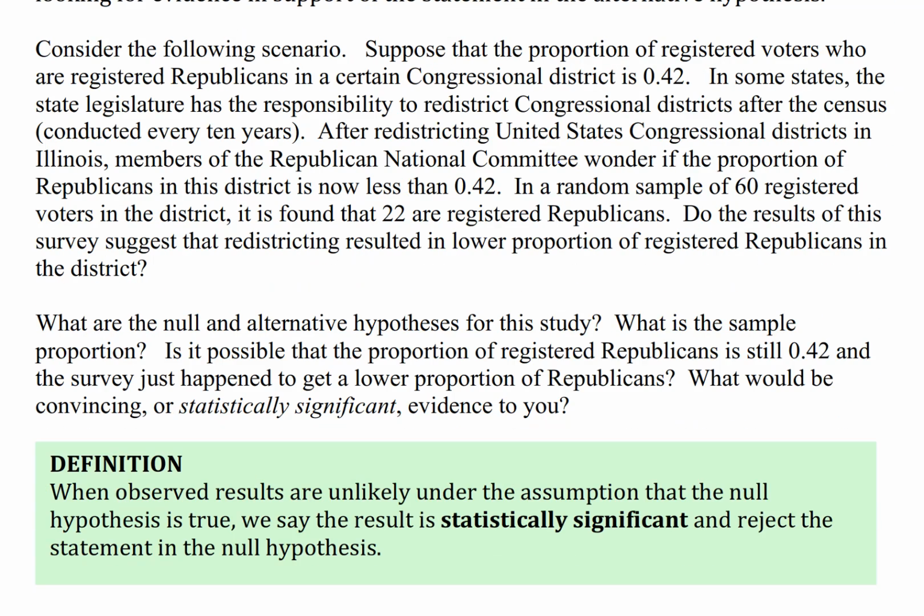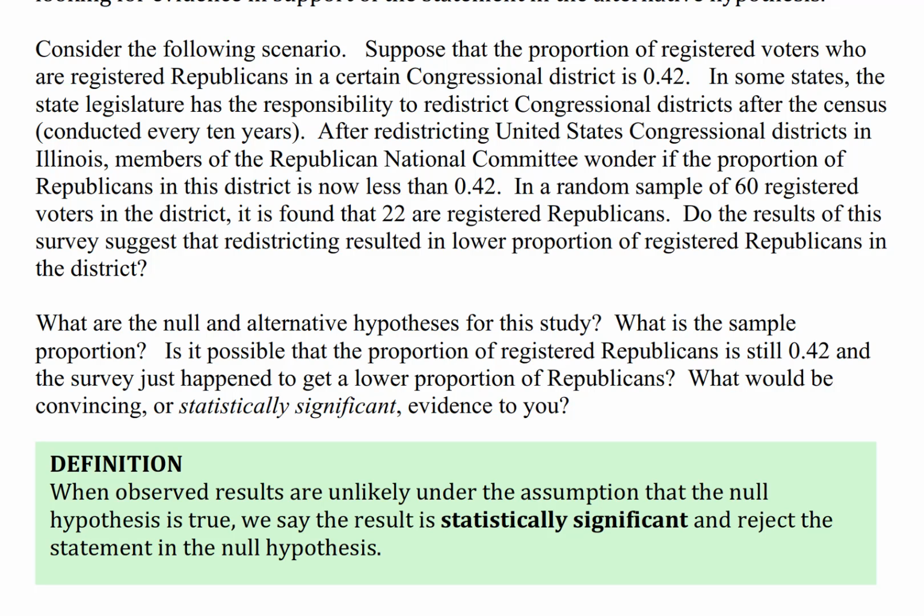To motivate this idea, I have a scenario for you. Suppose the proportion of registered voters who are registered Republicans in a certain congressional district is 0.42. In some states, the state legislature has the responsibility to redistrict congressional districts after the census, which is conducted every 10 years.